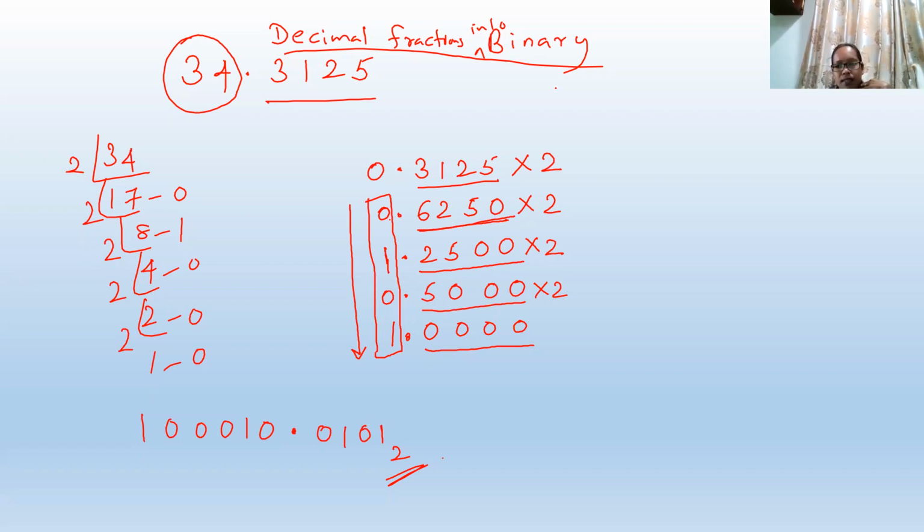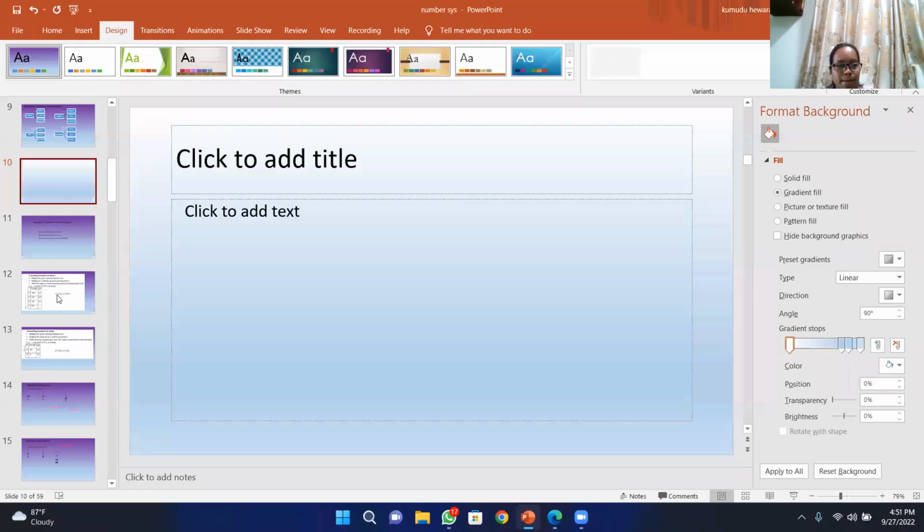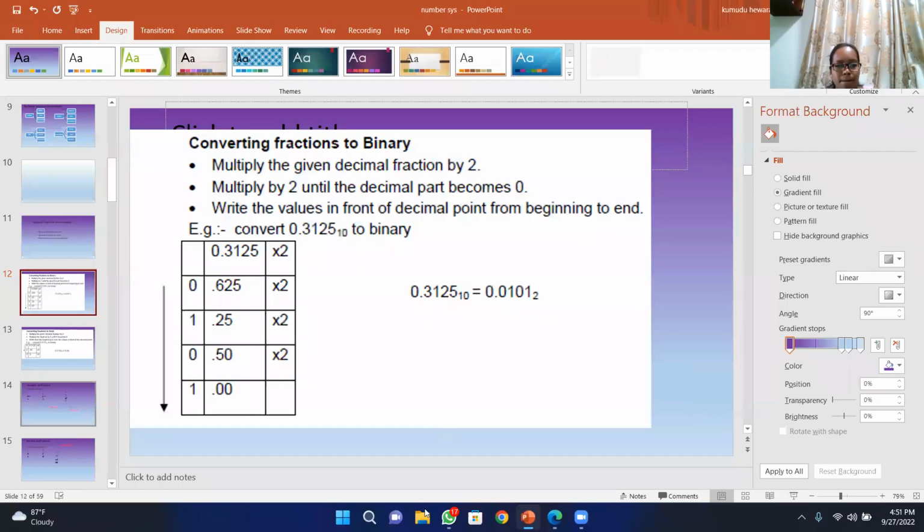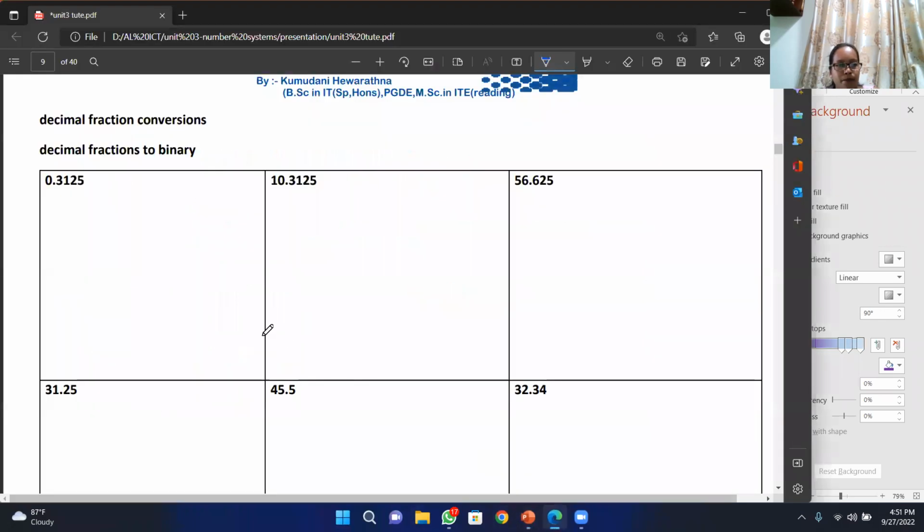Is that clear? The procedure. Yes, teacher. Right. Then we'll move on to page number 9 of the tute.